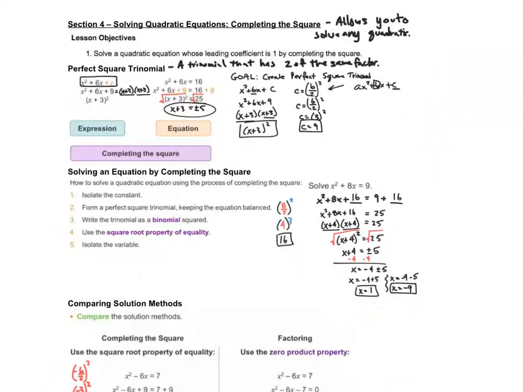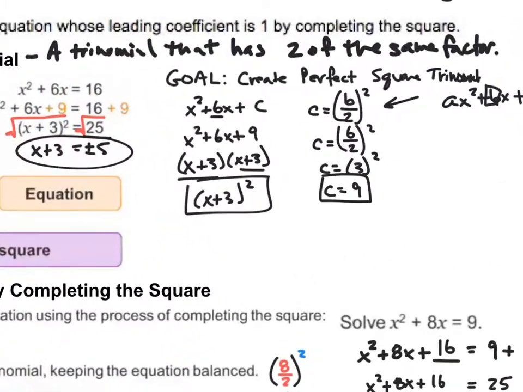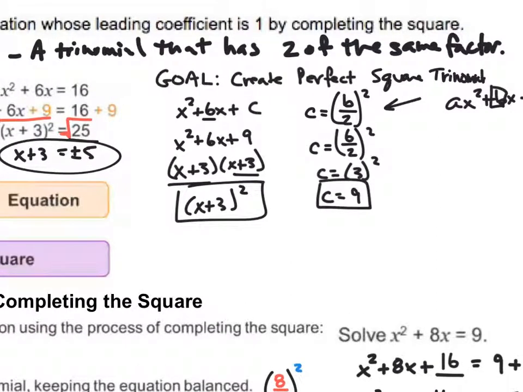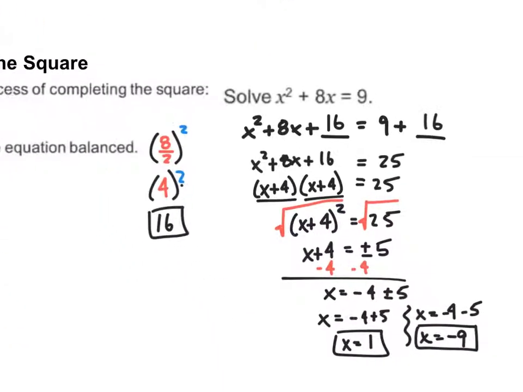However, there is a pattern here, and I want you to see the pattern. I'm going to go through each of these problems real quick. I want you to notice what happens when I take this middle term here, divide it by 2, and then square it. Notice that this 3 and this 3 match up. That's crucial. Notice the same thing here.